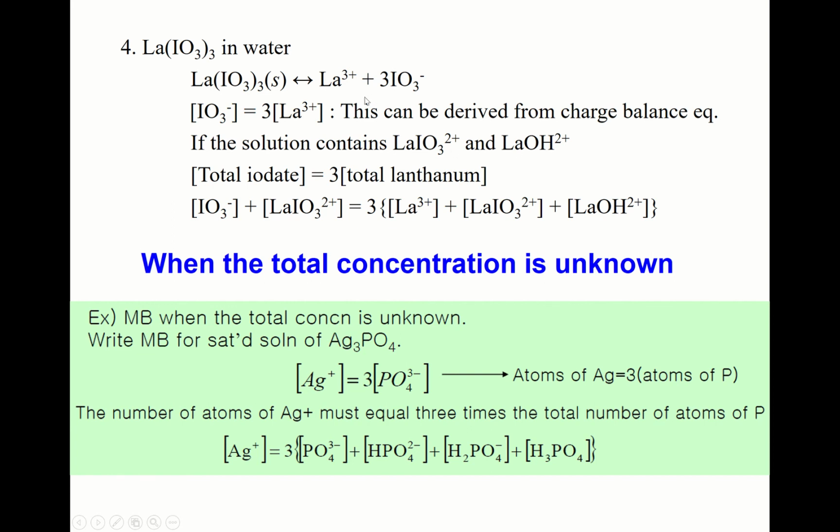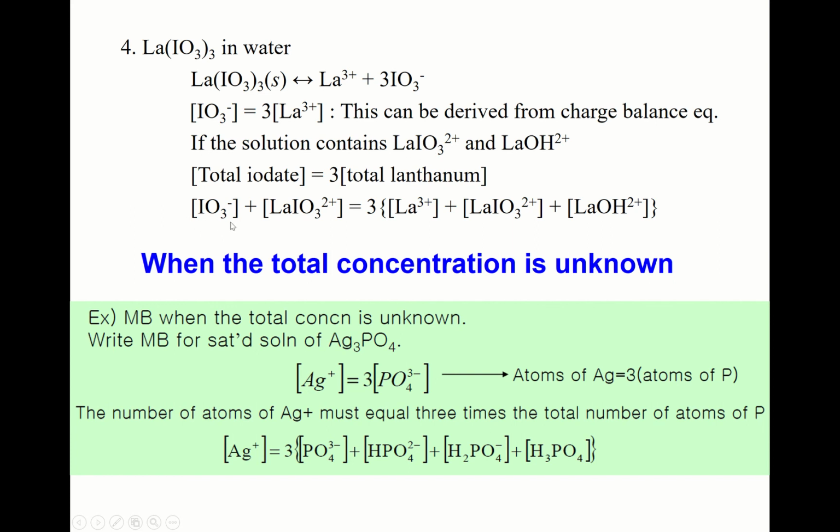The idea is that we start from here. Total iodate concentration is 3 times the total lanthanum species concentration. So what is the total iodate species? This one and also this one. There are 2 species that contain iodate.